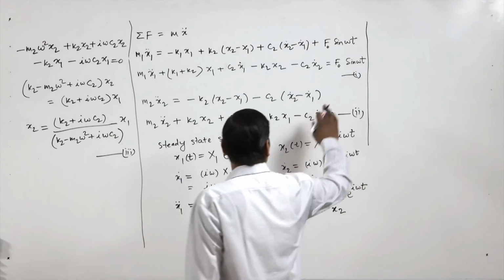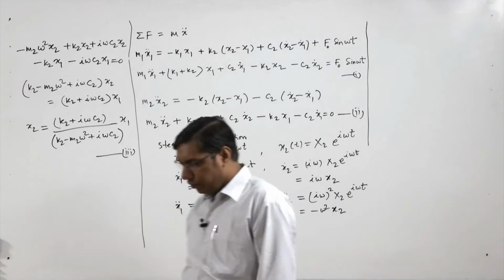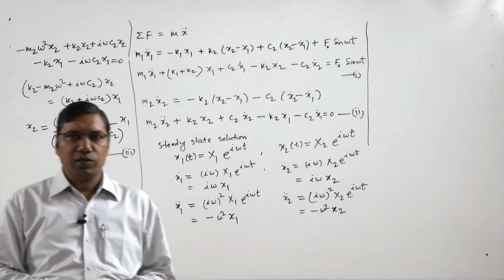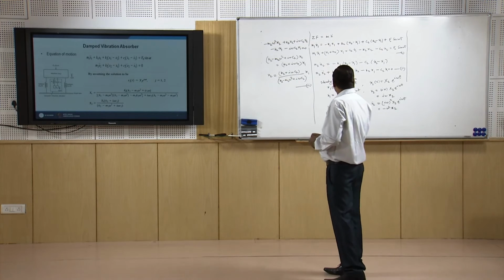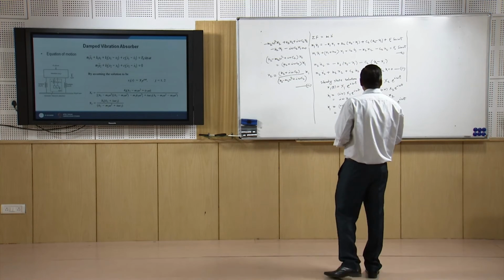Now we put these values of x1, x1 dot and x1 double dot, x2, x2 dot in equation number 1.